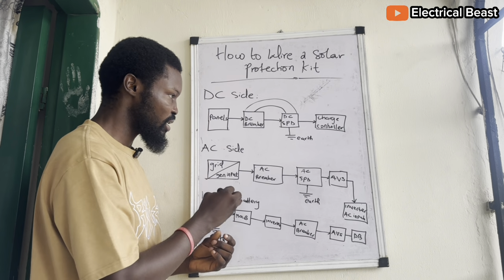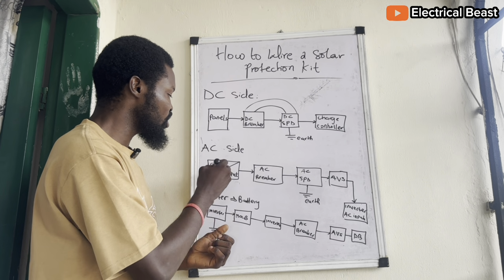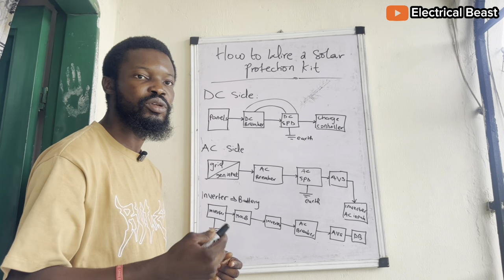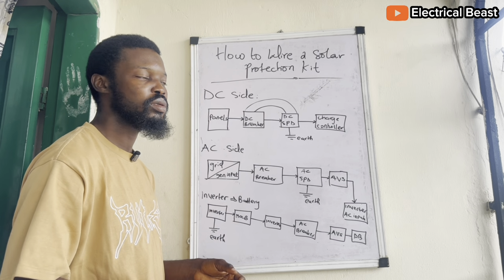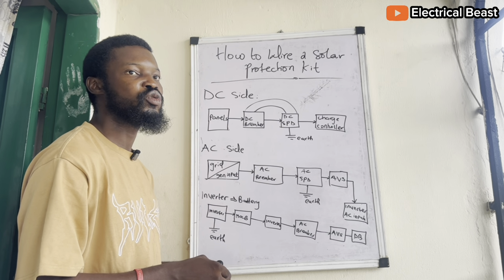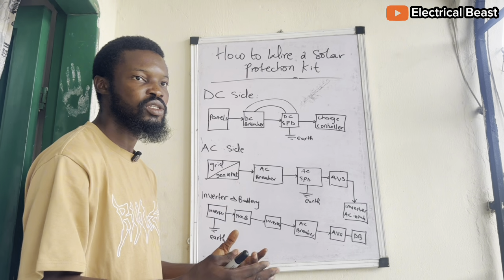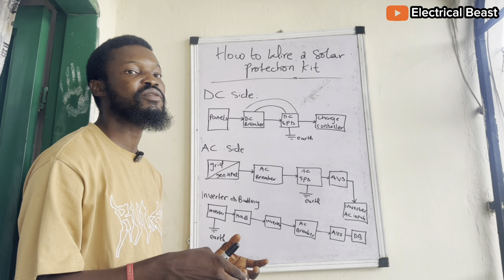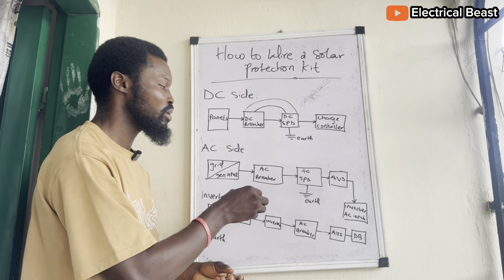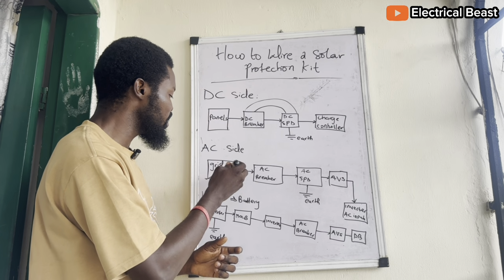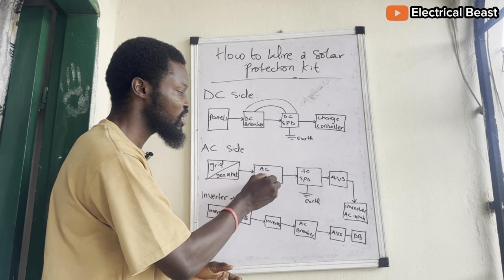Then for the AC side, we have the grid and generator inputs. You normally connect inputs from your grid or from your generator to the inverter to be able to charge as an extra charging source. In case of days where there isn't enough sun, you can have an extra charging source. So the grid and gen inputs can connect to an AC breaker.